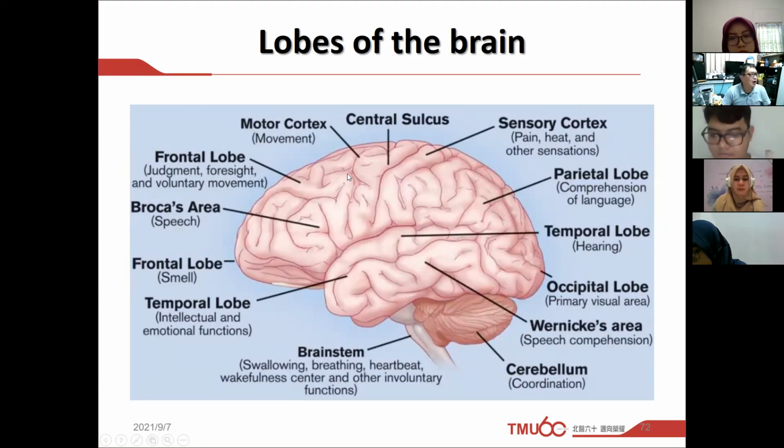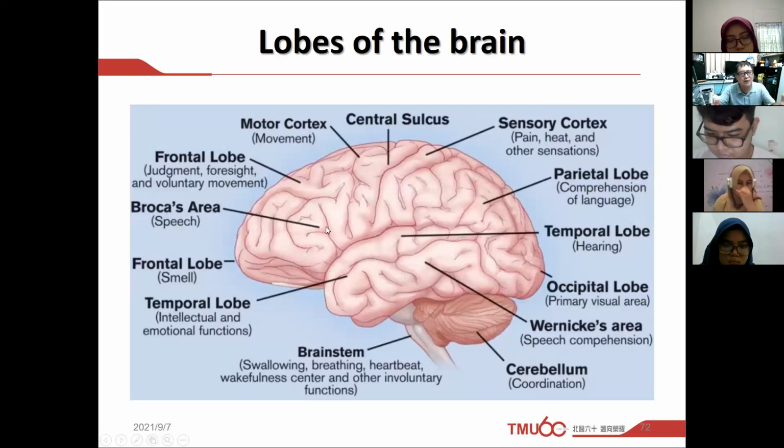And also it can help you with judgment of both sides. And another area, Broca's area here, belongs to the limbic system. Here is for speech control.